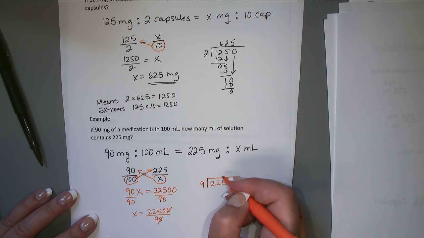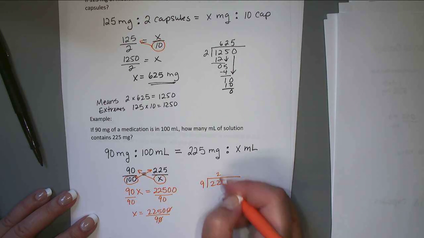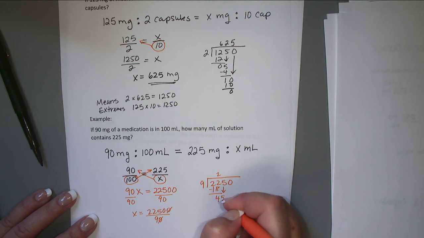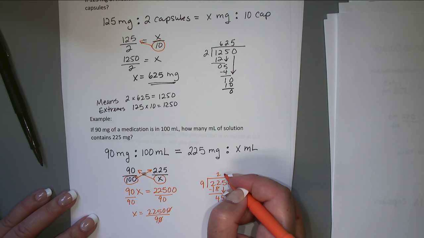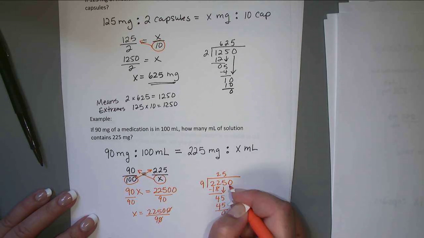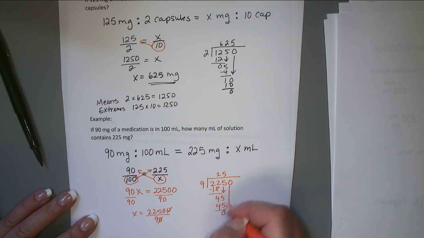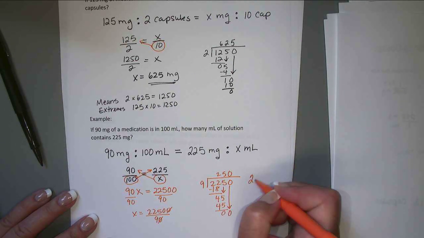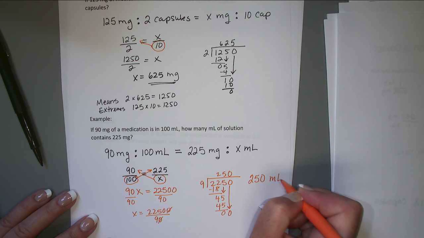So 9 into 22 would go twice, that's 18. Subtract, we would get 4. 9 into 45 is 5. Works out evenly. We still have a 0 to bring down. 9 goes into 0, 0. So 250. So we'd say 250 milliliters.